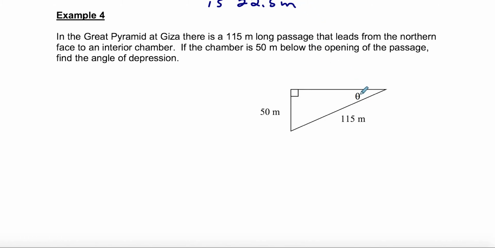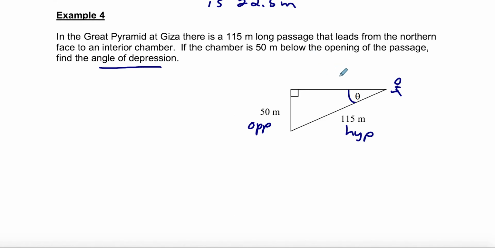If we're trying to find this angle, we have the opposite side over here, and this is our hypotenuse side. So imagine that you're here, and this is the angle that we're trying to find. Opposite over hypotenuse, I know that that's the sine ratio. And we're trying to find the angle of depression.